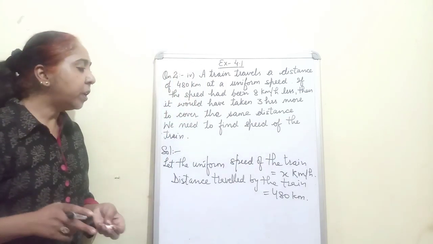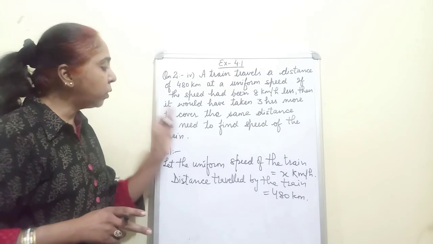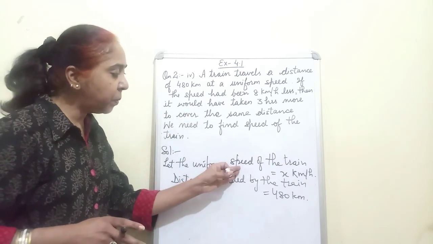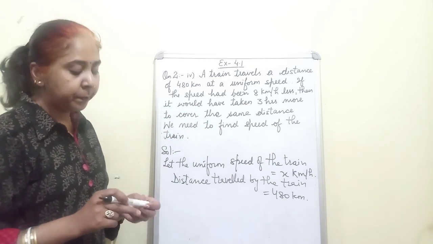Now, can you tell me what is the formula for time? If you know the distance and you know the speed, what is the formula for the time taken? Distance upon speed.